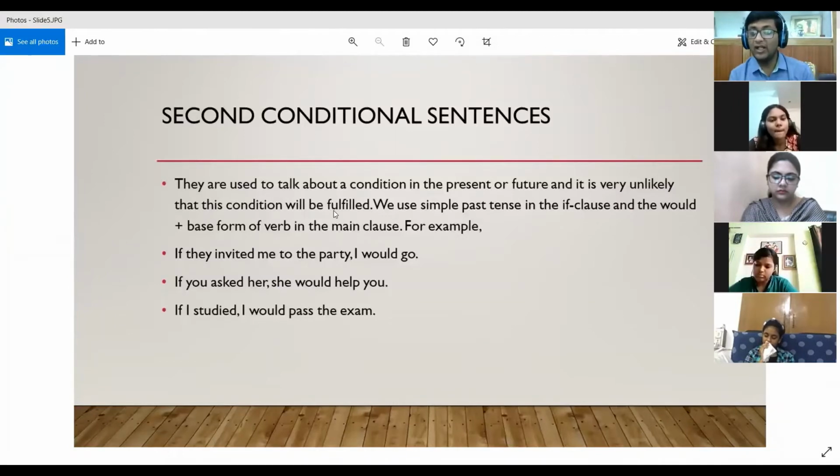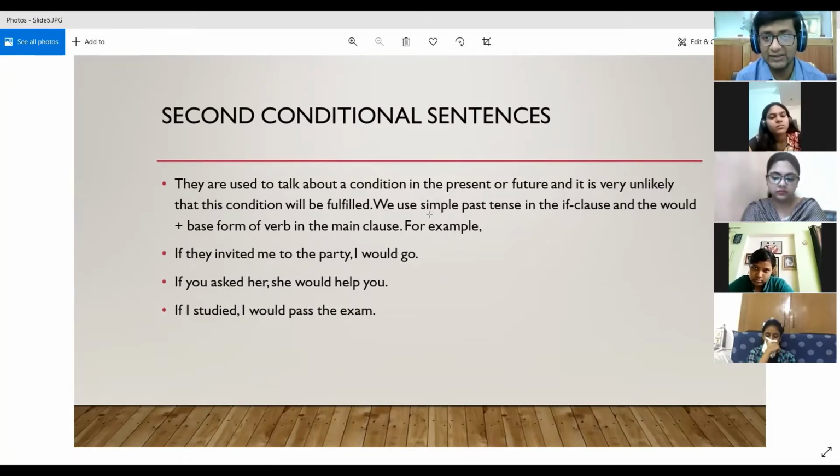So when we are giving a condition, but we know that the chances are very low that this condition is going to be fulfilled, then we use this type of conditional sentence, that is second conditional, when the chances of that condition occurring are very rare, very low. All right.